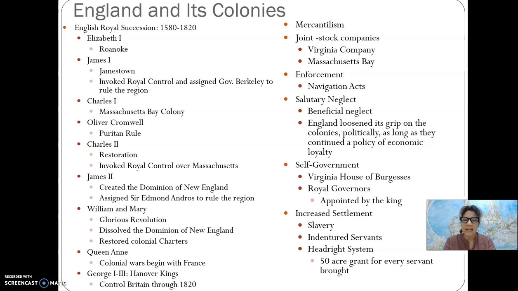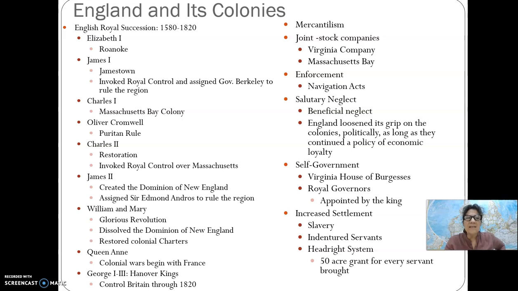and you can see as we move through this line of succession, what began as a more free colonial experiment became a situation where the colonies came under greater control by the English. Like right here I have Sir Edmund Andros came to rule over what was called the Dominion of New England.